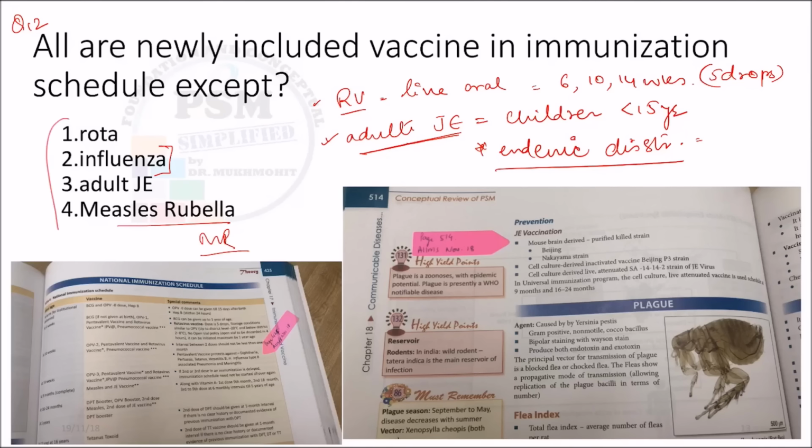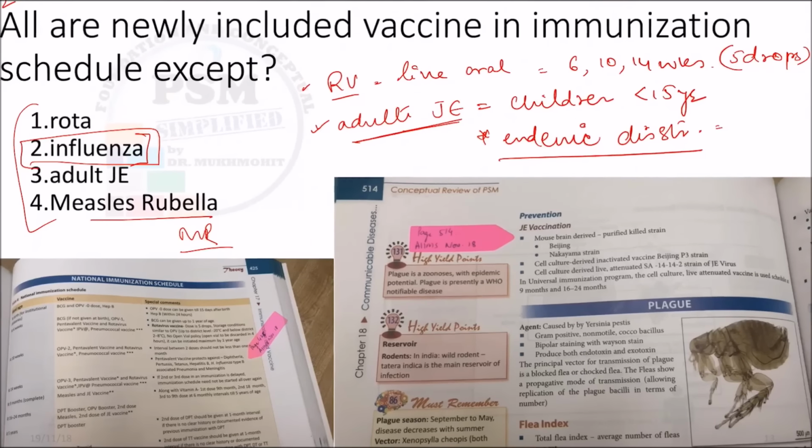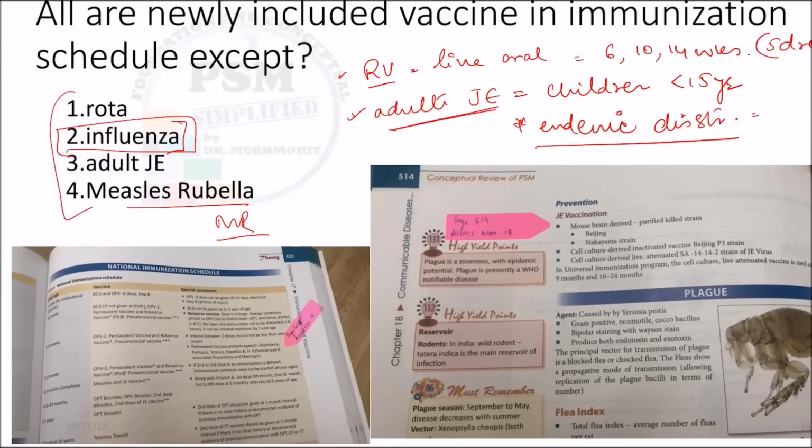Out of all these vaccines, rotavirus, influenza, adult JE and measles rubella, I would like to go with the influenza vaccine, or the flu shots. We might get confused with H influenza, that is Haemophilus influenzae B, the Hib vaccine. But if you compare adult JE and influenza, you would obviously take the flu vaccine. The flu vaccine is not a part of the Indian National Immunization Schedule. Just for you to know, the flu vaccine has many types: inactivated, recombinant, or live attenuated influenza vaccine.